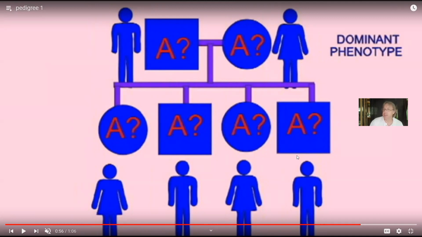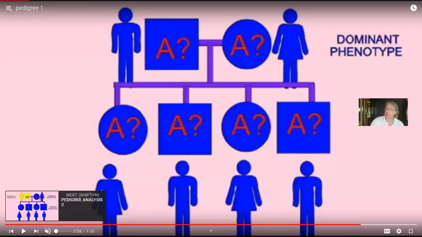Now, there could be a genetic test, but maybe that costs money. And so maybe the genetic test would be the second step. We would first do a pedigree and figure out if there's anyone whose genotype we could ascertain without a genetic test, and then just pay for those that could not be resolved this way.